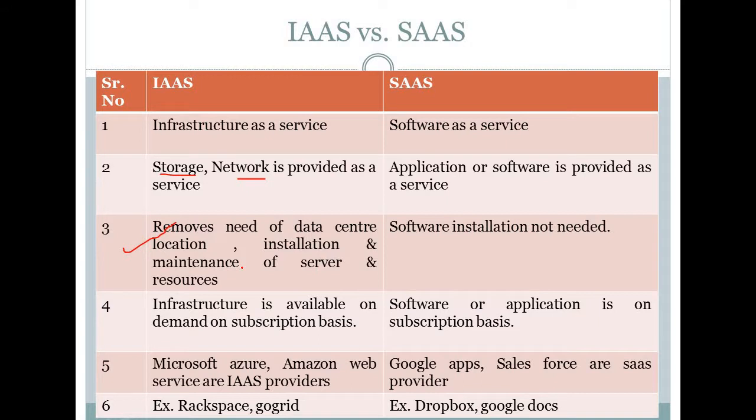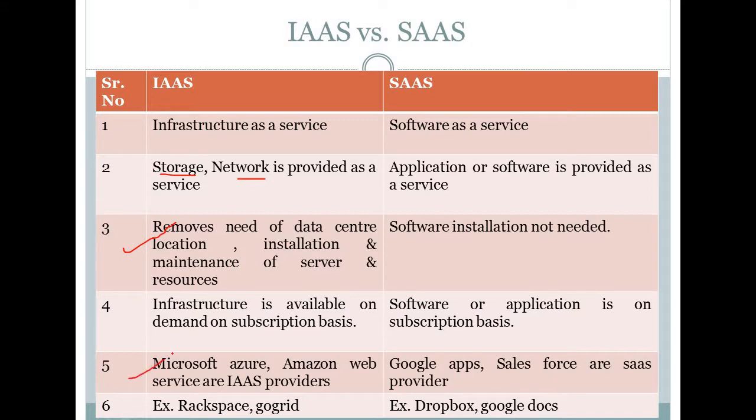It does not require any data center location, and there is no need for installation or maintenance of servers, everything. In the case of IaaS, everything is removed, so it is easy to expand a small business with the use of an IaaS service provider. IaaS infrastructure is available on demand on a subscription basis, and here software is provided.